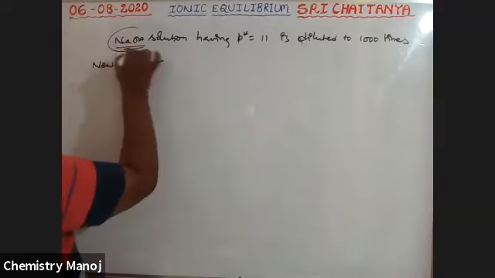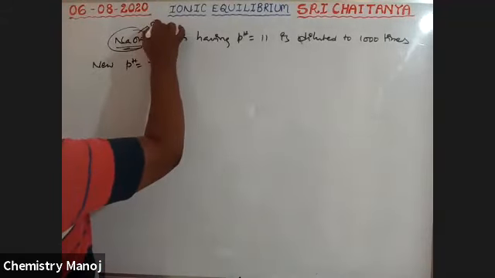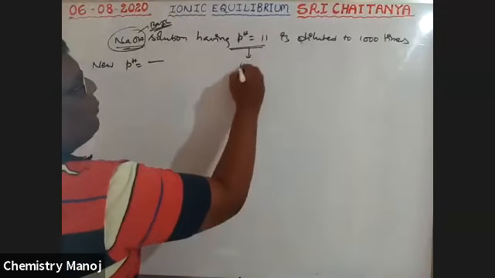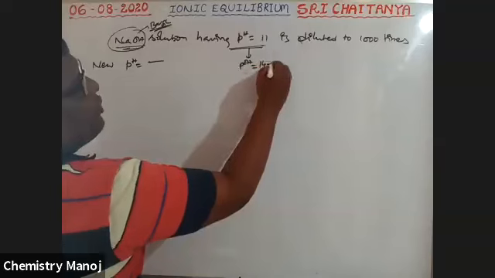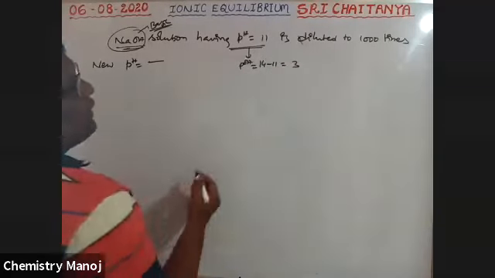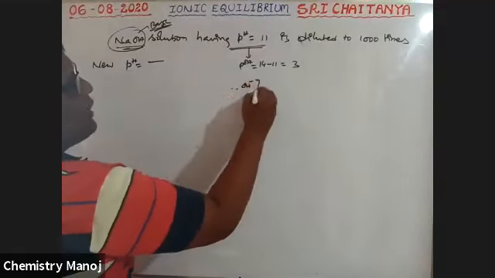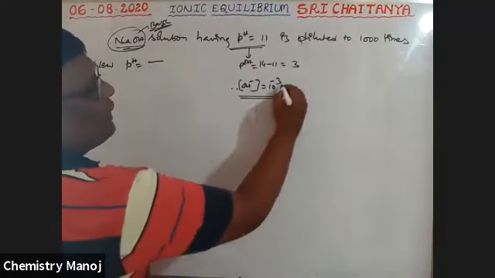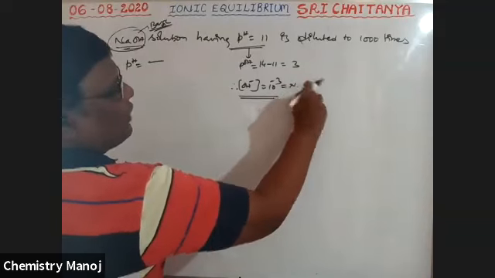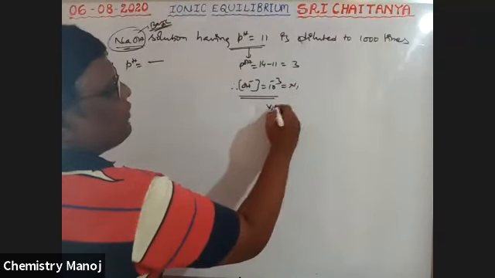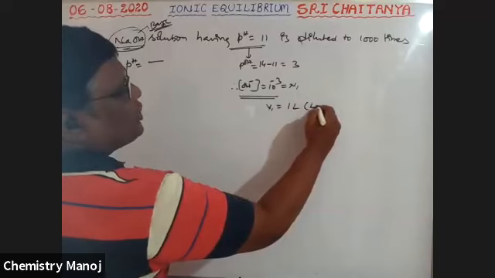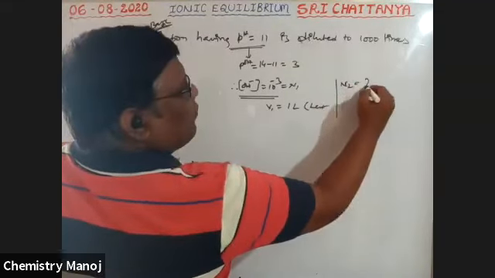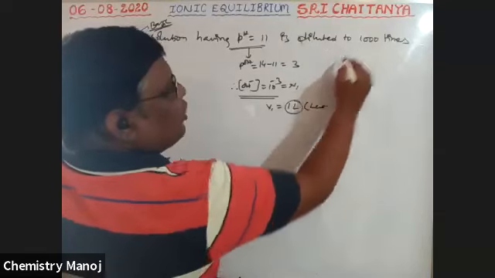Because it is NaOH, we consider basic nature. So for bases, we consider pOH. pOH is equal to 14 minus 11, which is equal to 3. Therefore, OH minus concentration is equal to 10 power minus 3. This is the initial case, that is N1, V1 equal to 1 liter. N2 we don't know, V2 is 1000 times.